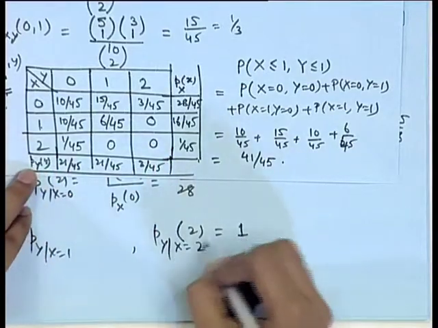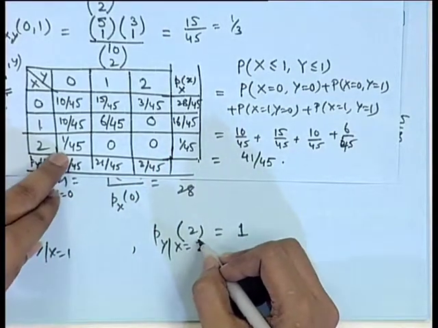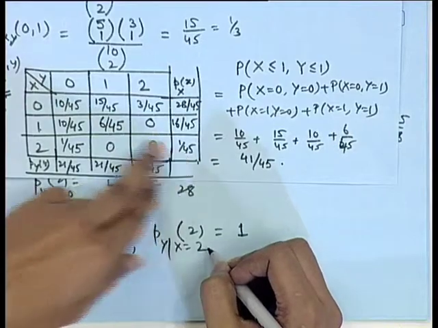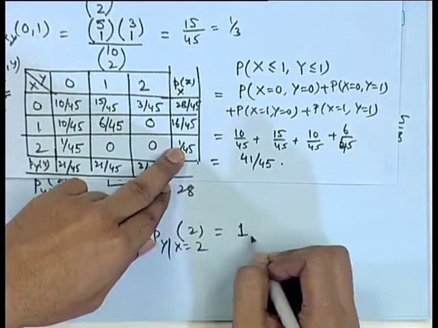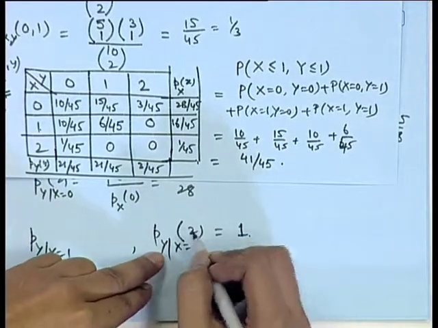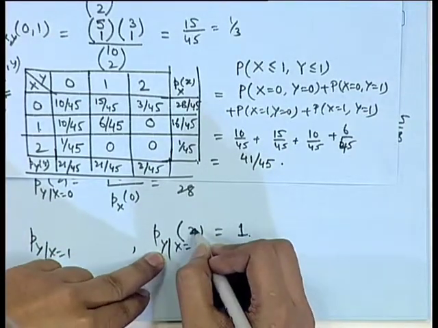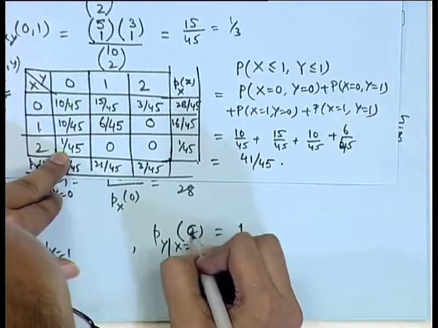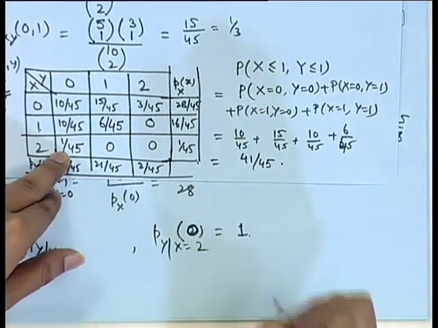This is a degenerate distribution. This is p 2 0 divided by probability x equal to 2, that is 1 by 45 divided by 1 by 45. Because if x equal to 2 is fixed, then y cannot take any other value except 0. Sorry, I said 2 earlier, this is 0. Because the total number of cars that we are purchasing is 2. Therefore, if one of them is having the value 2, then the other value has to be 0.